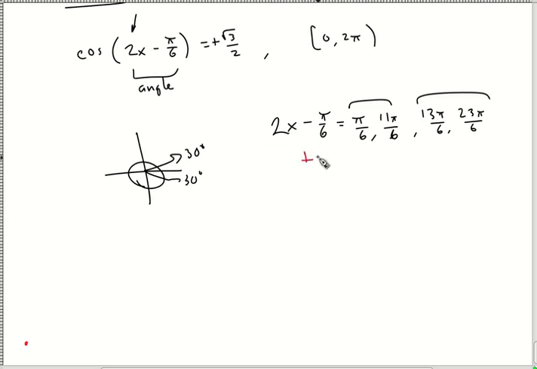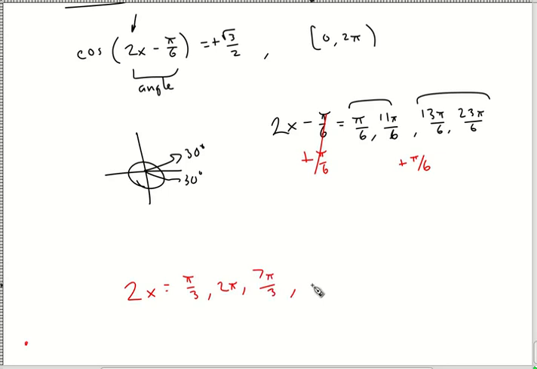So, I'm going to add pi over 6 to every side. I don't know, whatever you want to do there. So, I've got now 2x is equal to, so pi over 6 plus pi over 6 is 2 pi over 6, or pi over 3. And then I've got 1 pi over 6, and that makes 12 pi over 6, which is 2 pi. Okay, and then right here I got 13 plus 1 is a 14. 14 over 6 is 7 over 3.